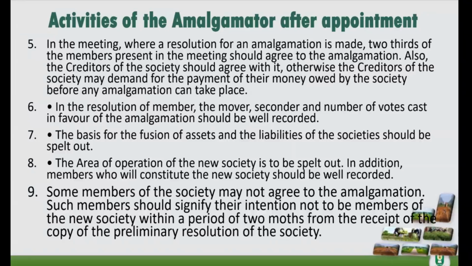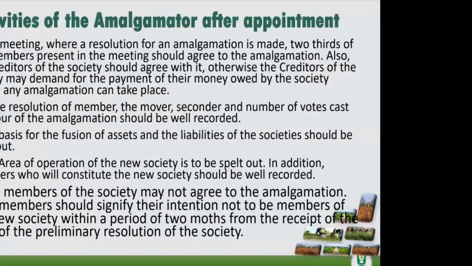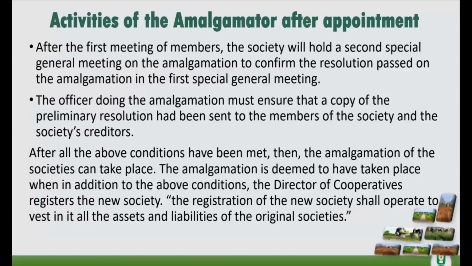Now, after the first meeting of members, the society will hold a second special general meeting on the amalgamation to confirm the resolution passed in the first special general meeting. The officers doing the amalgamation must ensure that a copy of the preliminary resolution has been sent to the members of the society and the society's creditors.